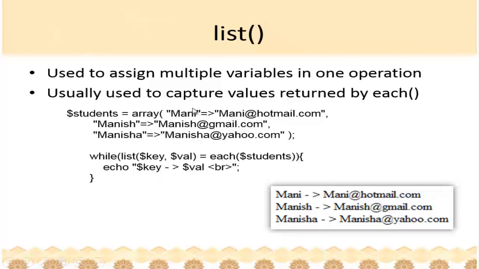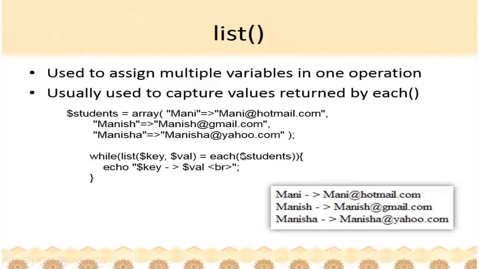So the echo first will take this value and it's going to print it here. There is a greater than symbol and then it will try to print the value which is this. When you call the each function, initially it will read the first element out of the array and it will point the internal pointer to the next element.